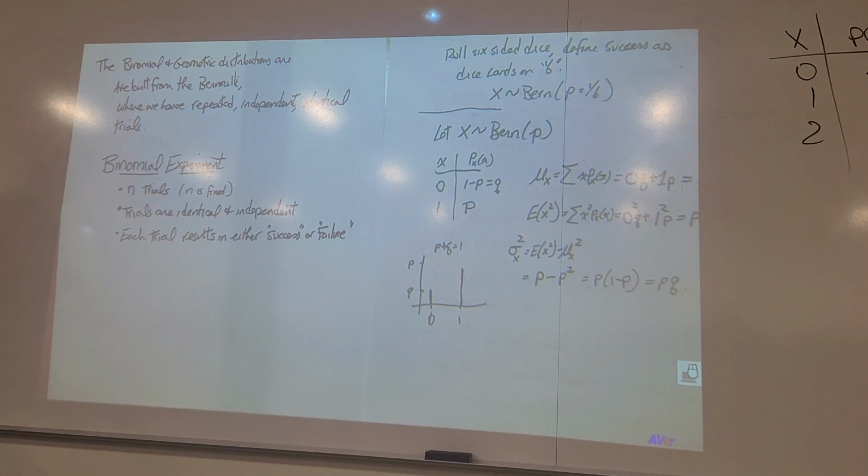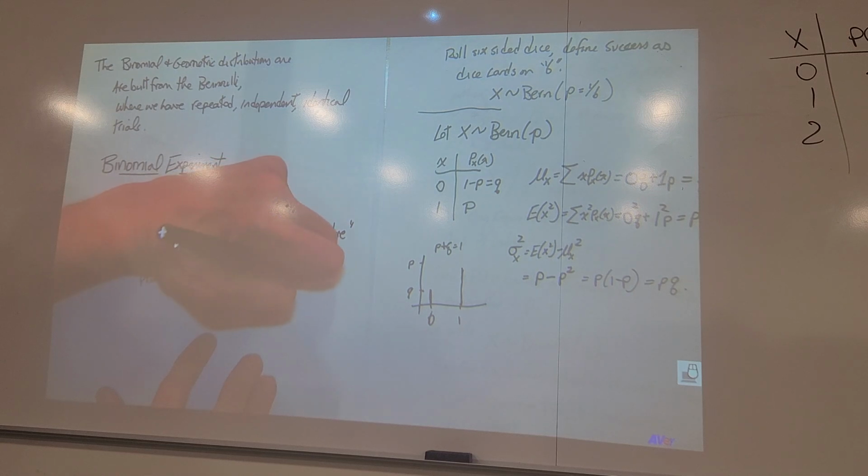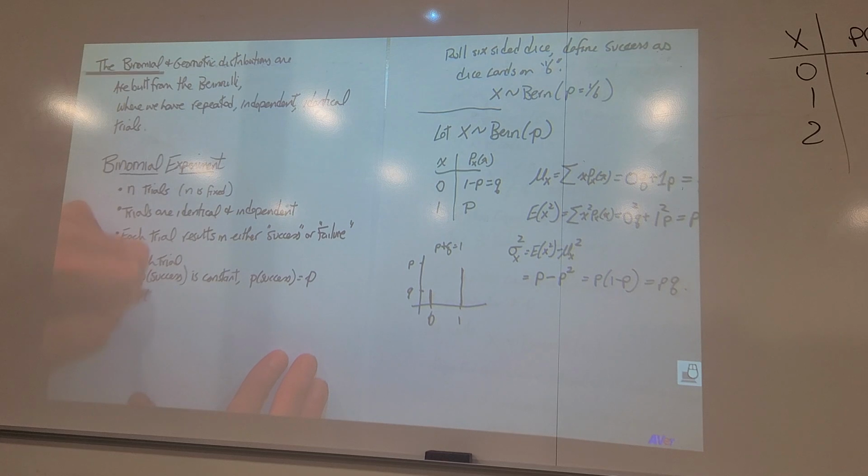By the way, the trials are independent and identical, so what I'm about to write strikes me as redundant, but for each trial, the probability of a success is a constant, trial to trial to trial, and we'll call it P. The probability of a failure is also, of course, constant.